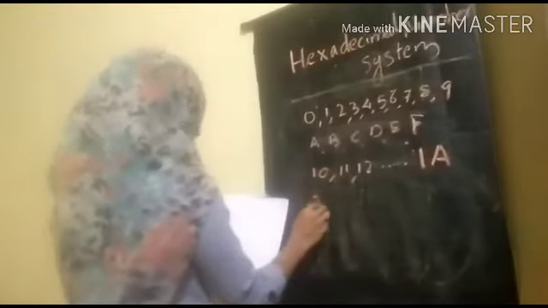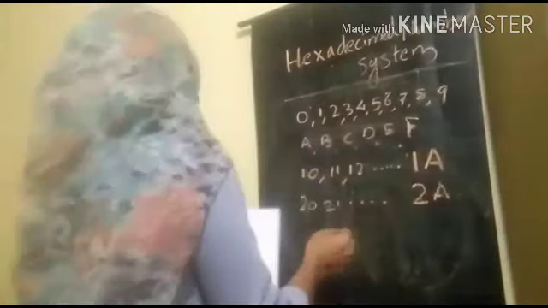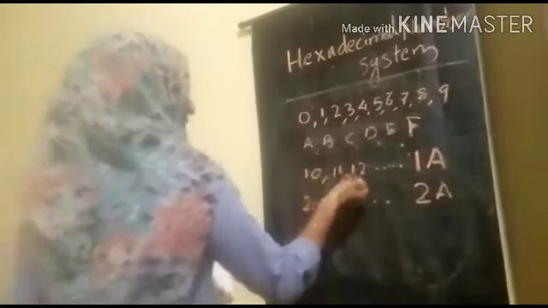After 19 we use 1A, where A is 10. Then again 20, 21. Then after that 2A. The counting of hexadecimal numbers is like this.